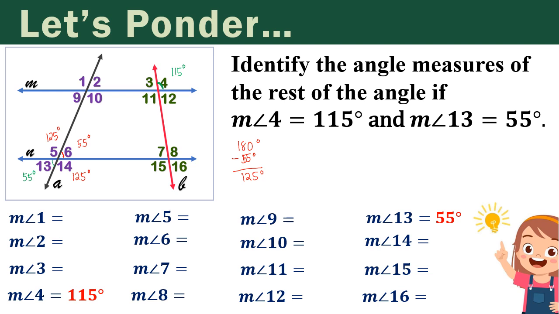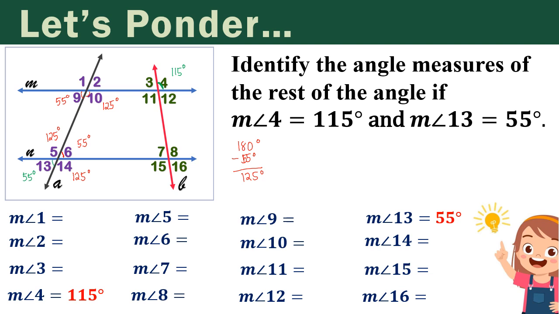Thus, if angle 6 is 55 degrees, then I could say that angle 9 is also 55 degrees. On the other hand, angle 10 should be 125 degrees. It's an alternate interior angle with angle 5, right? So they should be congruent as well.